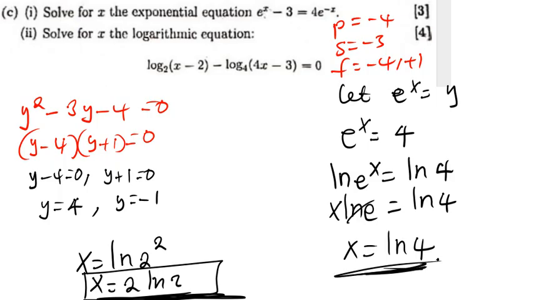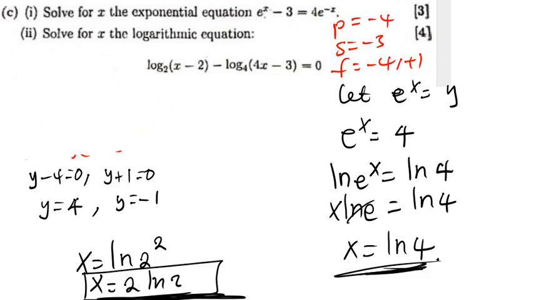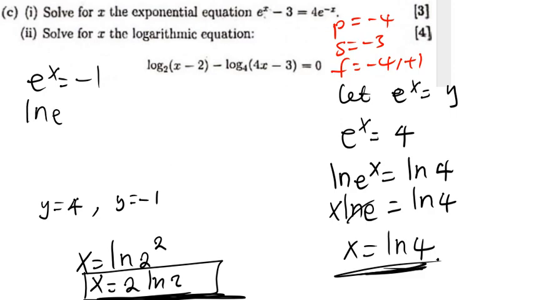Now let's plug in the value when y is negative 1. So we have e raised to the power x is equal to negative 1. Introduce ln both sides. Now the ln of a negative number is undefined.